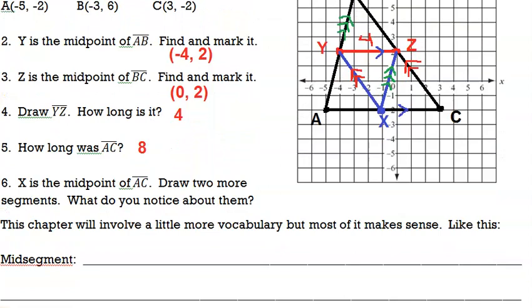All right, so I guess that means we should actually get to the vocabulary here. So we start with a midsegment. A midsegment makes pretty good sense. You're talking about a segment that's coming from the middle.